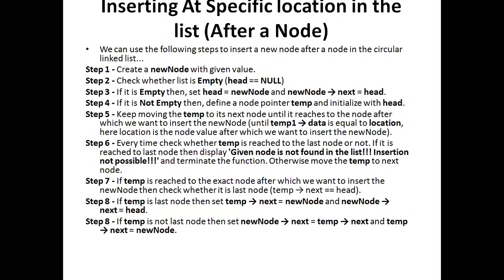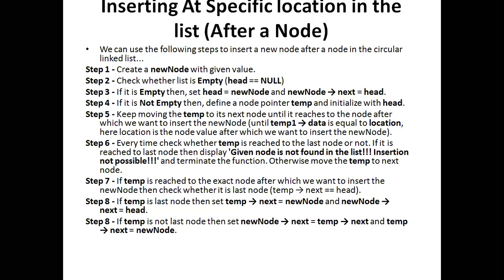For example, I have given the value 12. After the node in which 12 is stored, you insert this node, if I am telling that, but 12 is not there. So the temp will move from the first node to the last node.